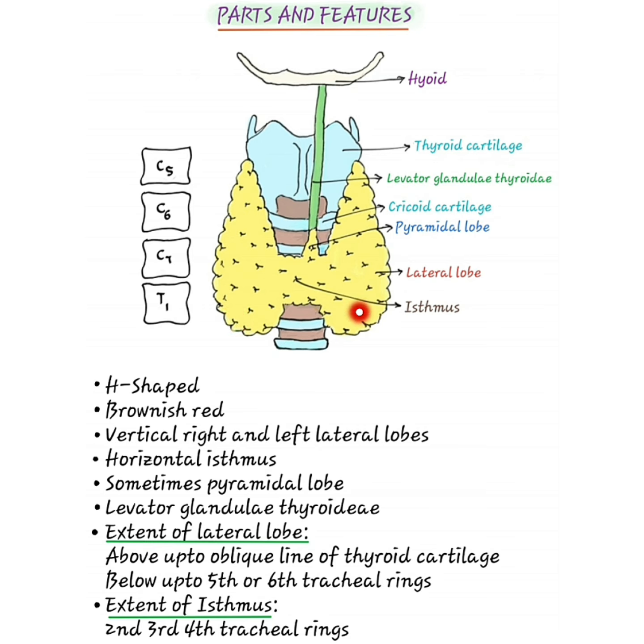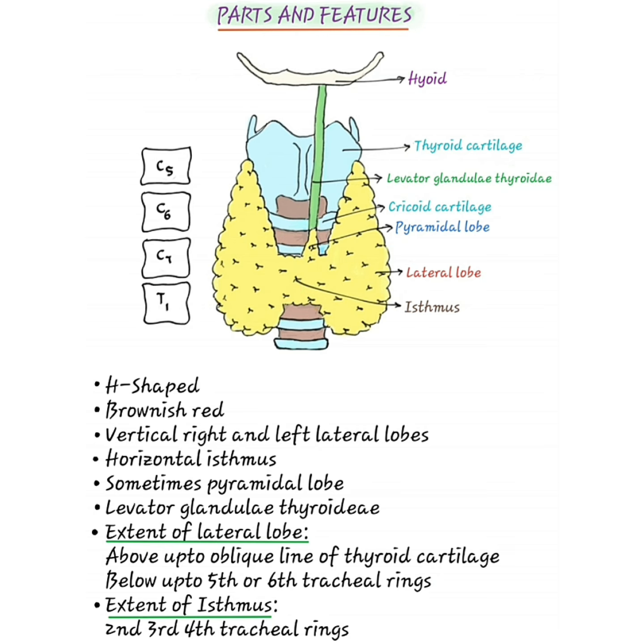The right lateral lobe and left lateral lobe are connected with each other through the horizontal isthmus. The horizontal isthmus across the midline connects both the lateral lobes.